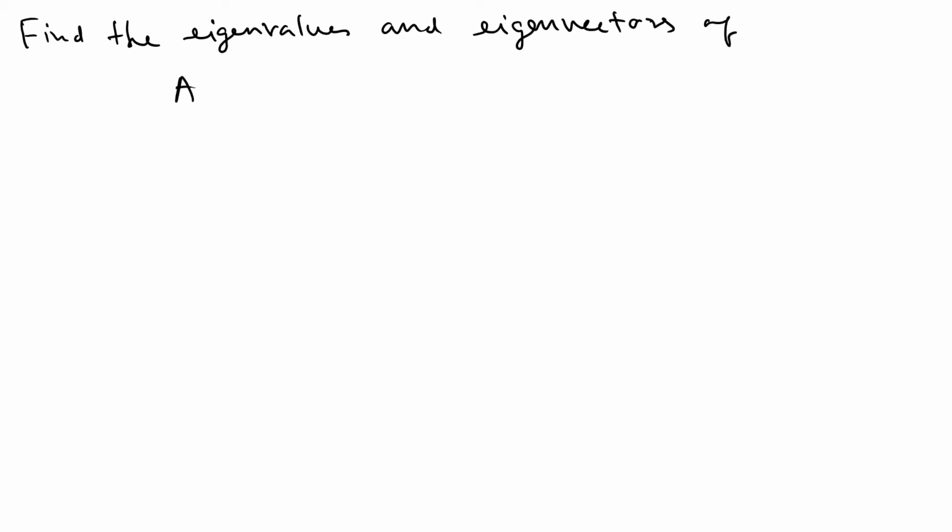Find the eigenvalues and eigenvectors of, say, A equals 3, 1, negative 4, negative 2. So the first step is to find the eigenvalues.